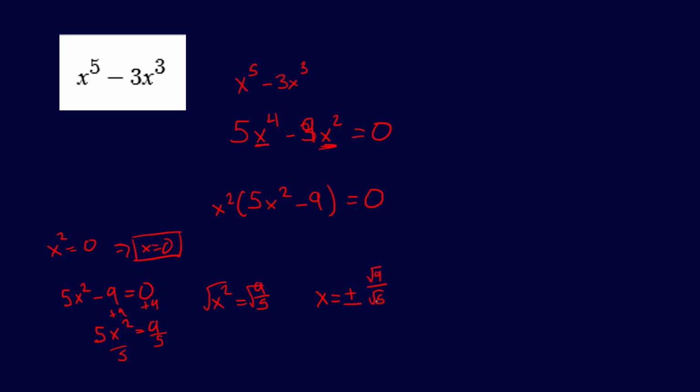What's the square root of 5? Okay, so you could simplify this, but I'm just going to turn this into a 3 and leave the square root in the denominator. You're not supposed to do that, but it's fine for the sake of testing. All right, so we have our critical points, and we don't have a graph, so we don't know if they're extrema.